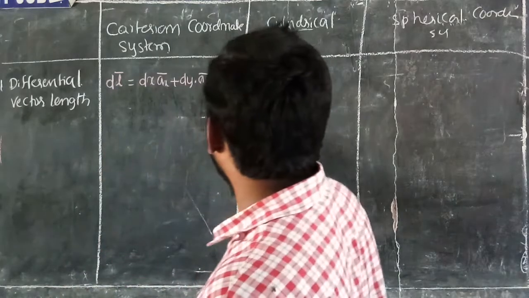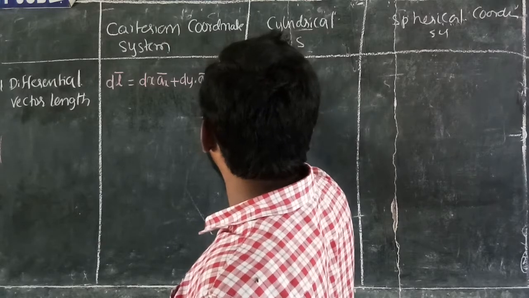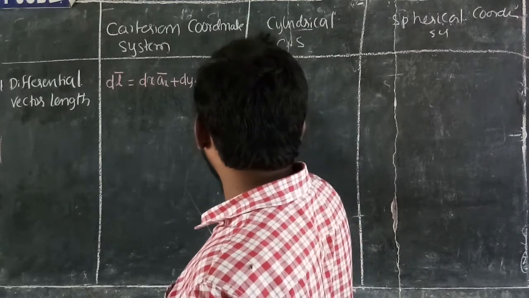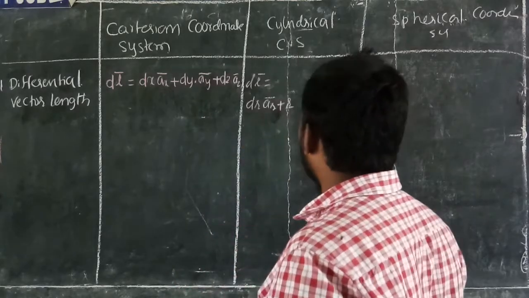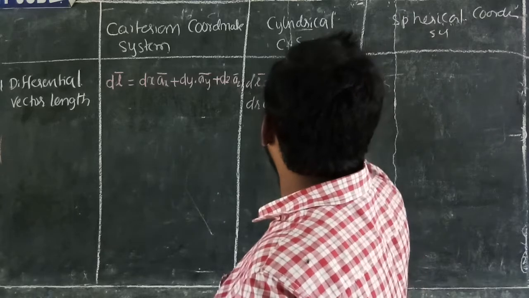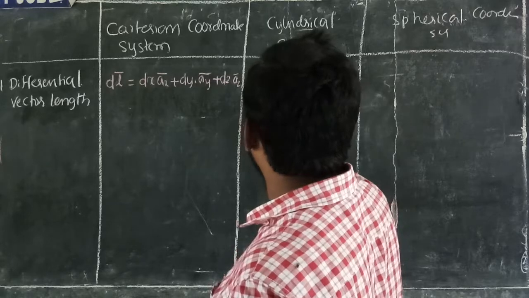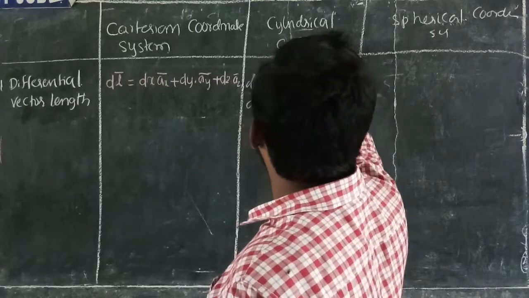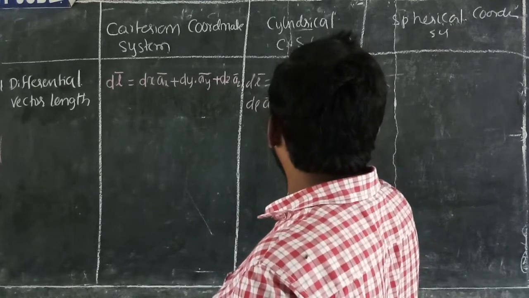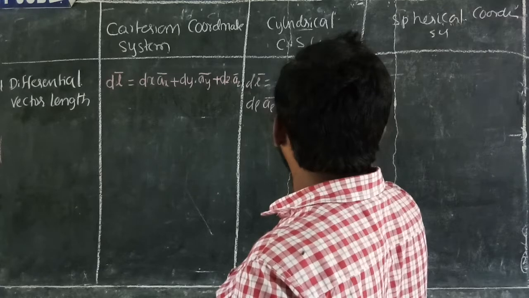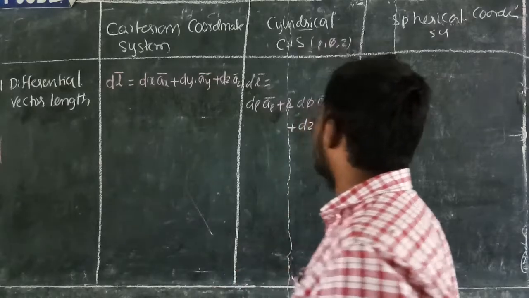Next, the differential vector length in the cylindrical coordinate system is dl bar is equal to d rho into a rho bar plus rho d phi a phi bar plus dz into az bar. Here we took rho instead of r, so the coordinates are rho comma phi comma z. This is the differential vector length.